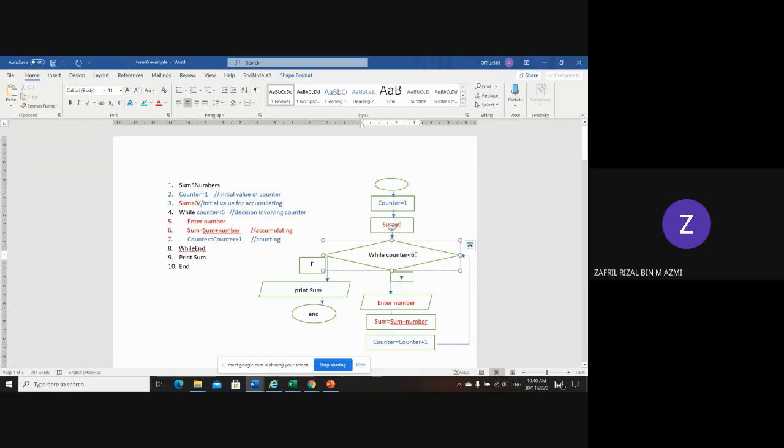Is it still 6? No. So what should be the decision? If the user enters yes, it will repeat. So is it yes or no over here? What is the operator that we should use? Equal to.